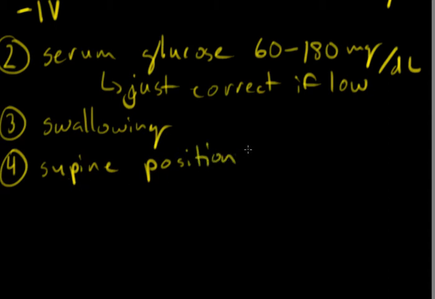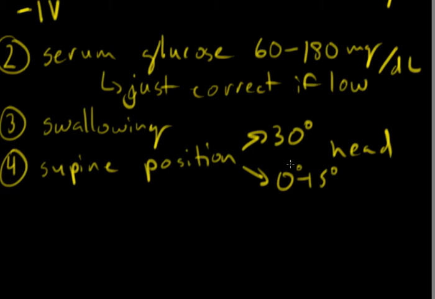Then you have to decide whether to lean the head at 30 degrees or 0 to 15 degrees. If it's an acute phase stroke and they're at high risk of, for example, intracranial pressure, aspiration, or worsening cardiopulmonary status, then you want to put the head at 30 degrees. Otherwise, keep them laying flat on their back, 0 to 15 degrees.